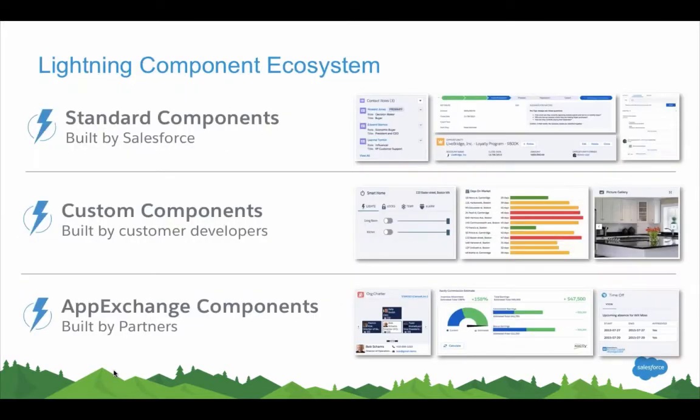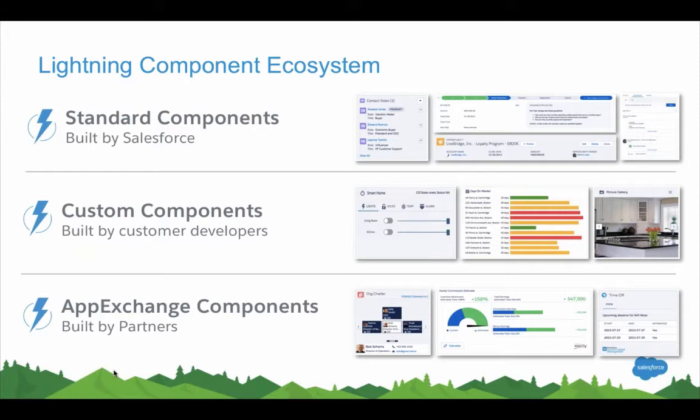And going a little bit deeper into Lightning components, we have an ecosystem of them that admins get to choose from when designing and customizing pages. We have standard components, which are the ones built by Salesforce. The ones that I showed in the example a couple slides ago were standard components built by Salesforce. These are things like highlights panel, like path.